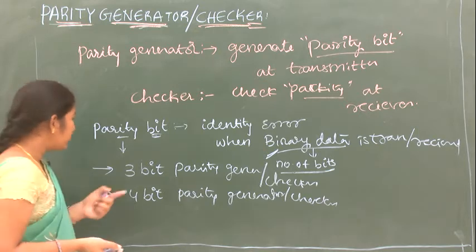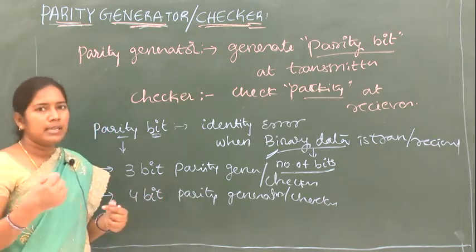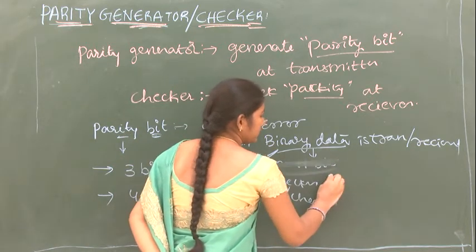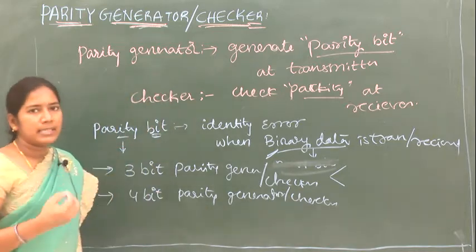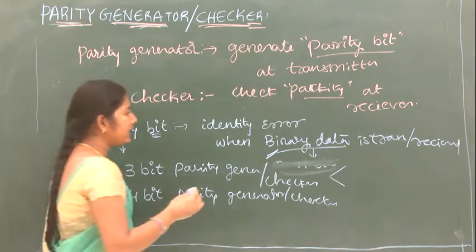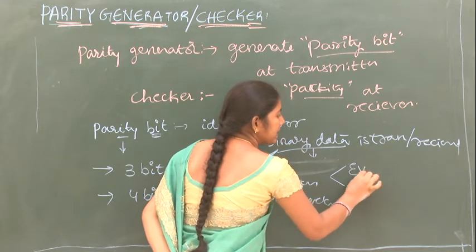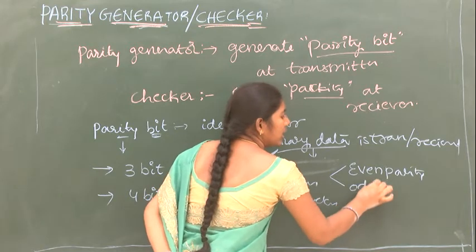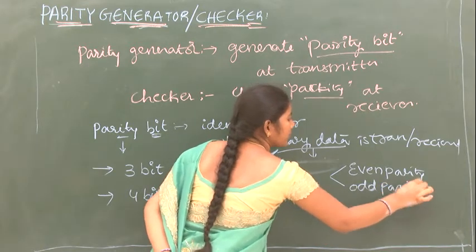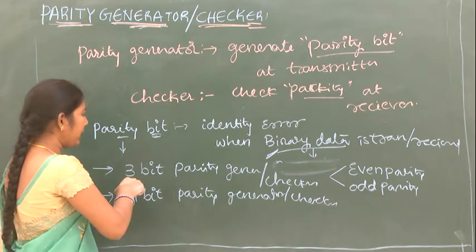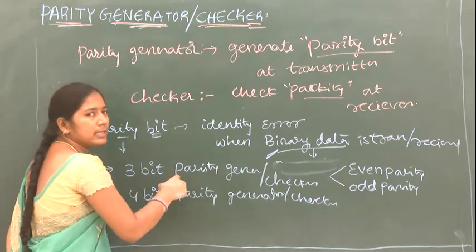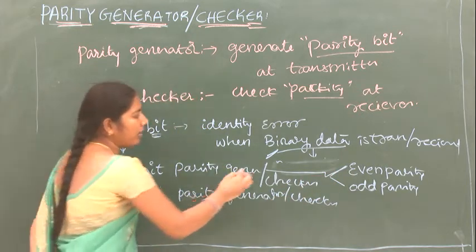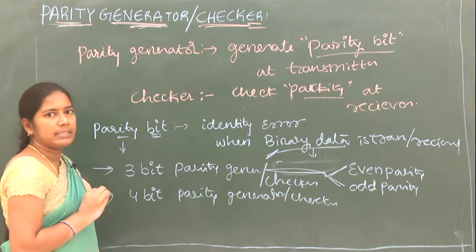And for this design purpose, there are two possibilities: the parity generator or checker can be done through either the even parity scheme or the odd parity scheme. So if it is a 3-bit parity generator, we can design it through the even parity scheme or through the odd parity scheme.